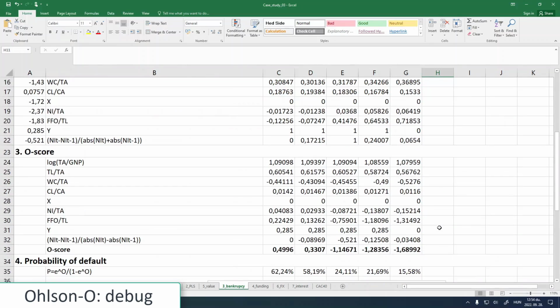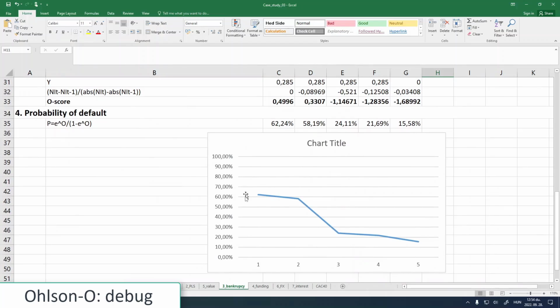So okay, now we can see some improvement compared to the previous case.